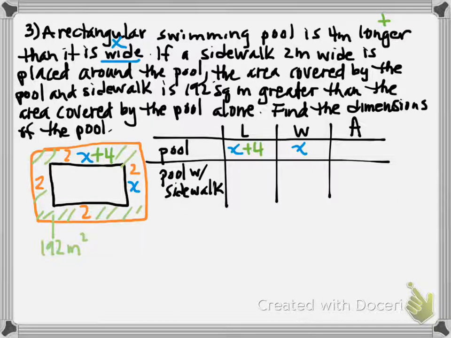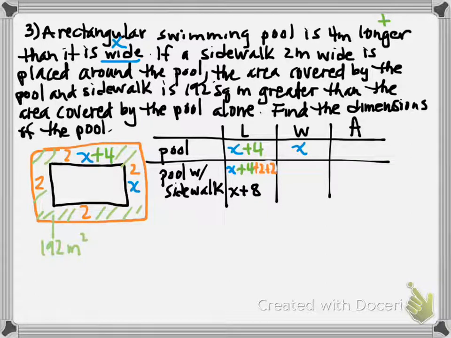And then when I'm looking at the width with the sidewalk, I have to go from the orange to the black and then the black to the orange, so I'm going to be adding on 2, oops, sorry, and 2 to get all the way around for a grand total of x plus 8. 4 plus 2 is 6 plus 2 is 8.